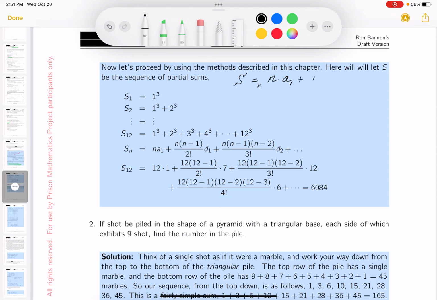It's going to be N minus 1 over 2 factorial, D1, this was derived in the notes, plus N minus 1, N minus 2 over 3 factorial, D3.